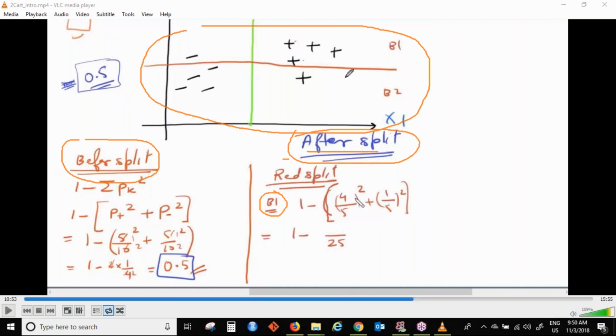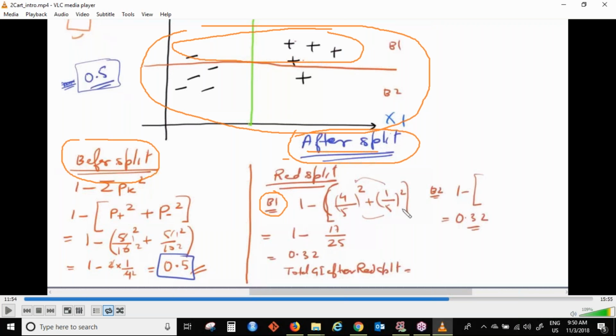Here I am considering only B1, that means only these points. I have only 5 points in B1. Then once again I will calculate for B2, and I will consider only points which are in B2. See, I have done B1 and B2 separately, which is why I took 5 and not 10. Before split, everything is the same. Both the buckets are the same. Okay?